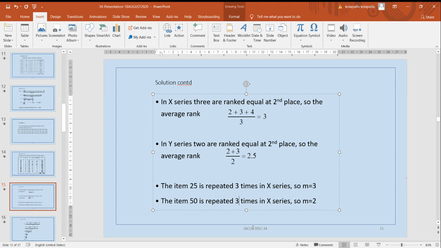Here in the Y series it is 2 times only, so M is equal to 2.